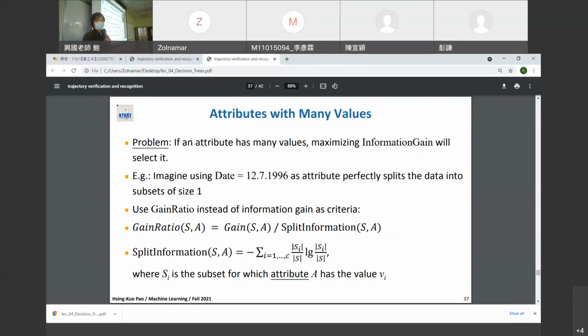Given this value, if we have so many branches, this split information will be super large, and putting it in the denominator will make the whole thing smaller. So such attributes are unlikely to be chosen if we do have many values. So choosing gain ratio will erase the many-value problem.